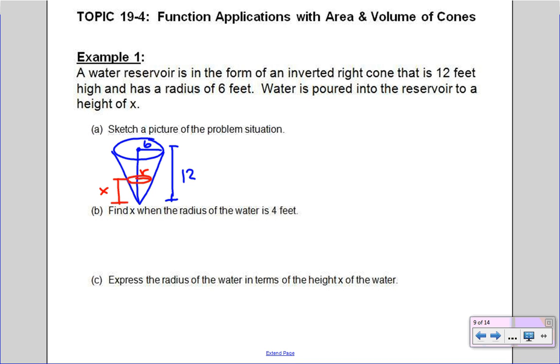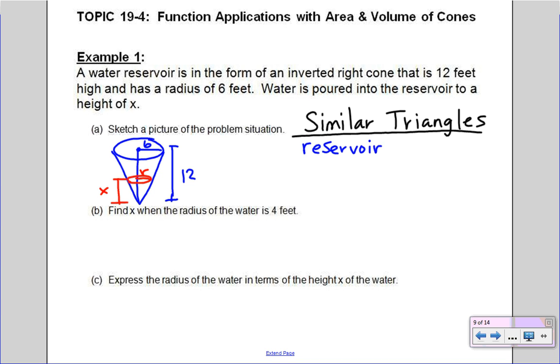What happens in this cone is you end up with similar triangles. We have the entire cone-shaped reservoir, and it looks like this.